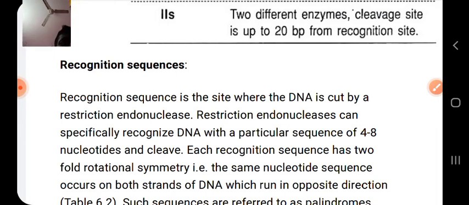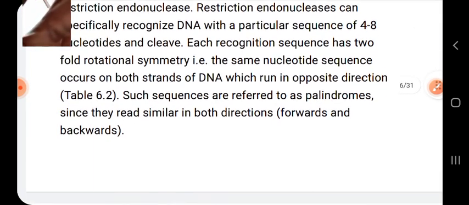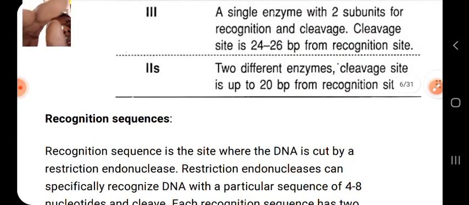Now if I say in this way, I think you can understand the recognition sequence identified by the type 2 restriction endonuclease enzyme and also by the type 3 restriction endonuclease enzyme, that sequence should be palindromic in nature with rotational symmetry. What does it mean? Palindromic sequence with rotational symmetry, what does it mean?